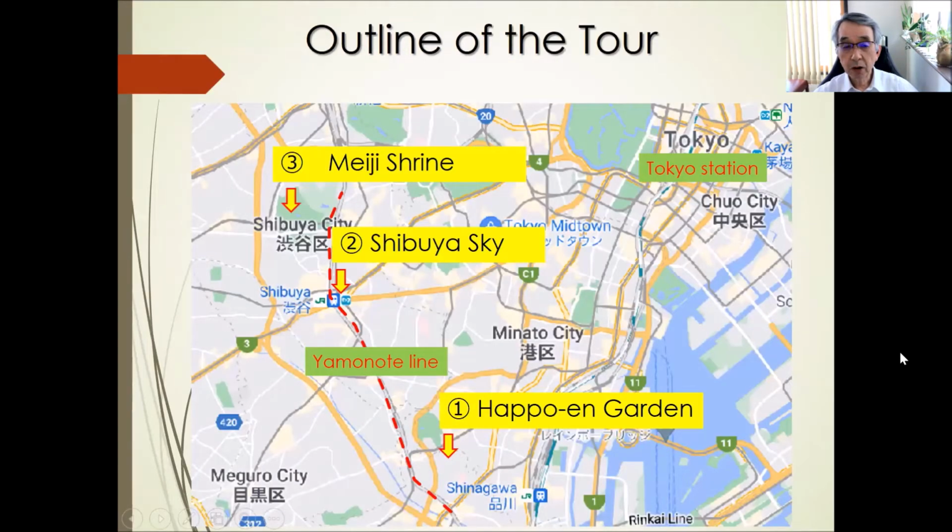This is the outline of today's tour. We start from Happoen. It's south of Tokyo Station. You will take the Yamanote Line to visit the Happoen Garden. And then after that, we visit the Shibuya Sky near the Shibuya Station on the Yamanote Line, and then take another Yamanote Line to Meiji Shrine.